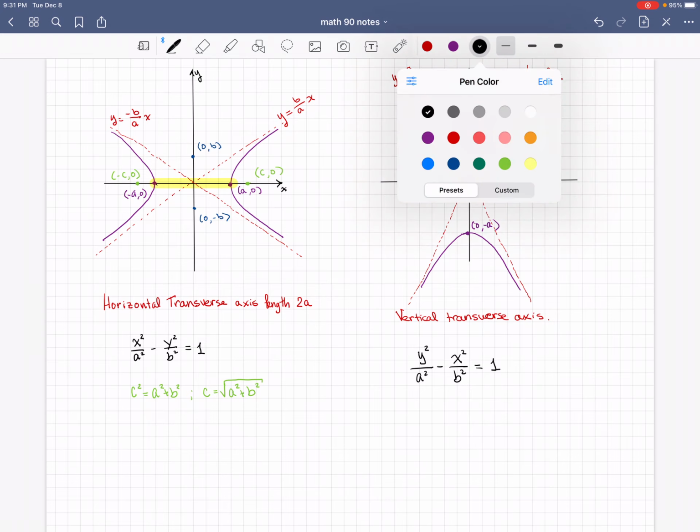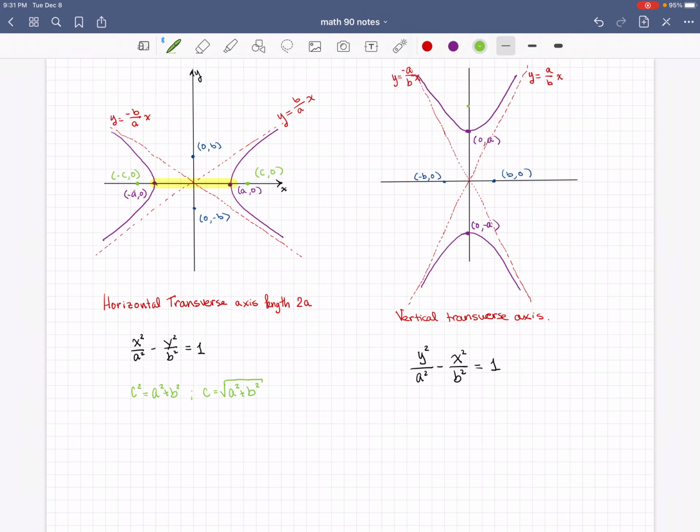The foci, same thing. The foci are on the inside here, so there they are, like so. And they're on the vertical axis, which means that we have (0, c) and (0, negative c). And just like with the horizontally oriented hyperbola, c squared is a squared plus b squared, so c is the square root of a squared plus b squared.